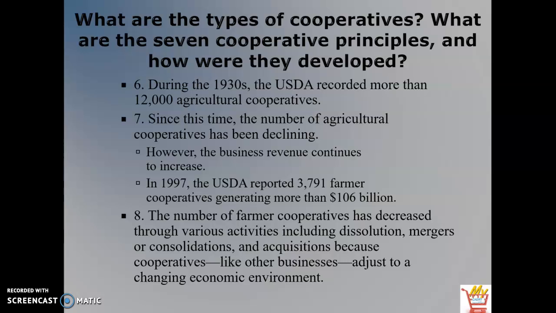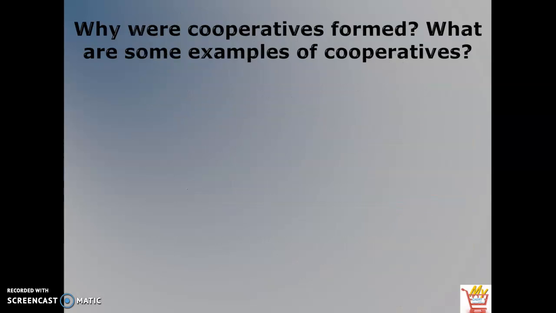Cooperatives are hugely important, and most farmers deal with cooperatives on at least something, whether it's buying their seed, buying their chemical, getting their chemicals applied, getting their grain marketed, something like that. So the number of cooperatives has decreased, but the amount of business done through the cooperatives has definitely increased and is at an all-time high.